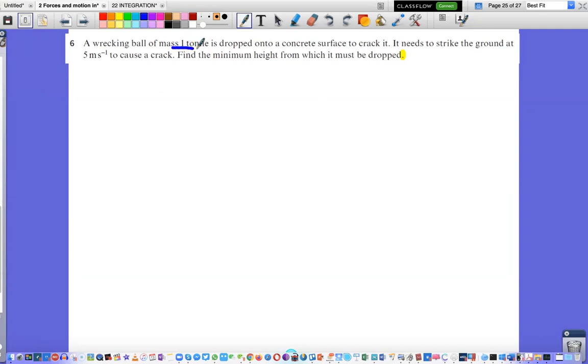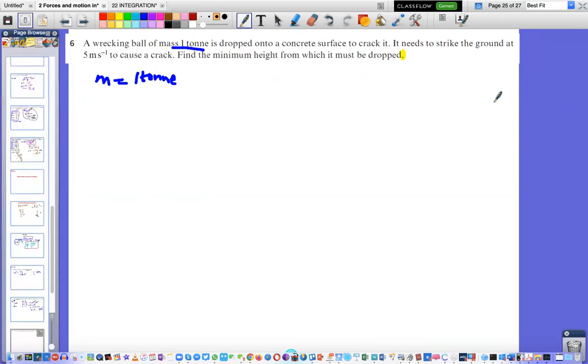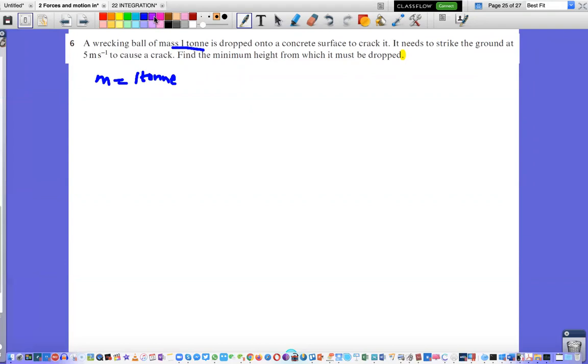This mass here is just to confuse you. Mass has nothing to do with the problem. But if you like, just take it out. Mass is 1 ton, which is 1,000 kilograms. So no need to belabor it when we know it's not useful for us.